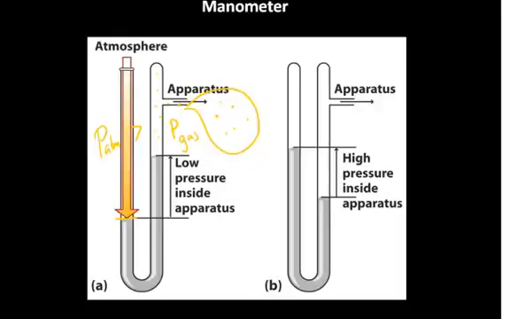In this picture, imagine an apparatus containing a gas connected to this side of the U-tube and sealed here against that apparatus. In this case, this should be open to the atmosphere as well. The pressure from the atmosphere must be less than the pressure exerted by the apparatus, because the level of the mercury is lower on the apparatus side.